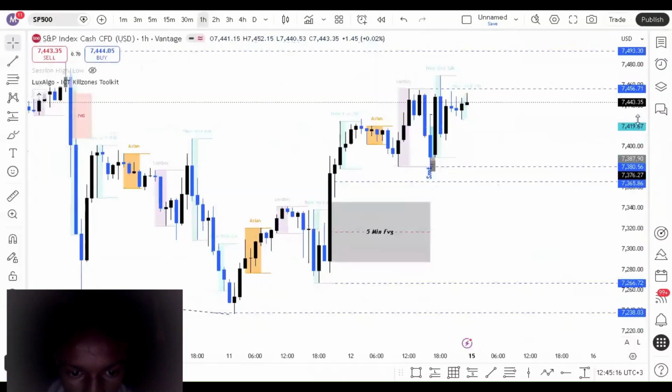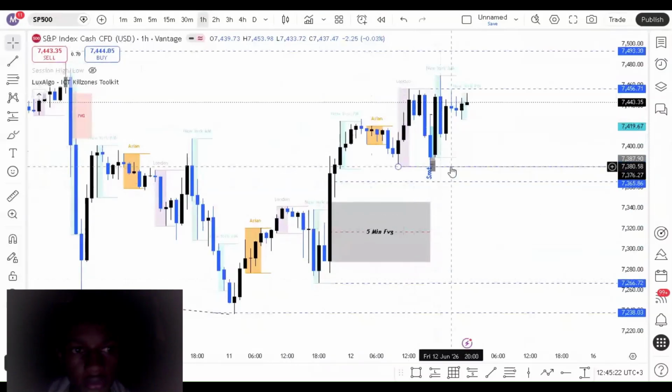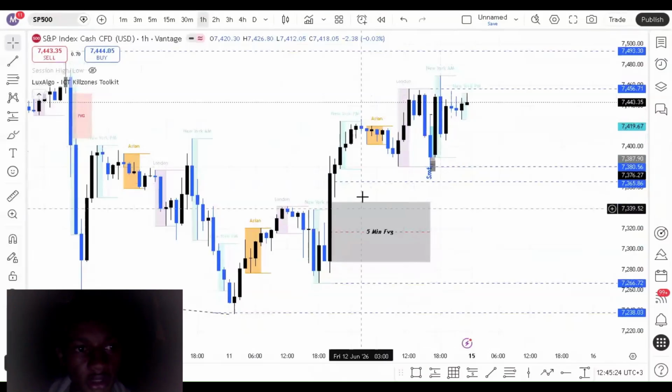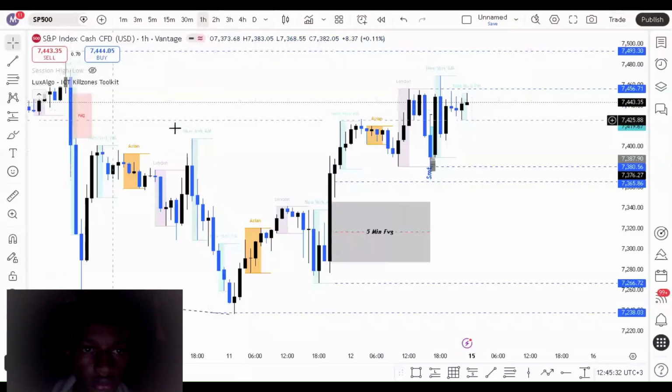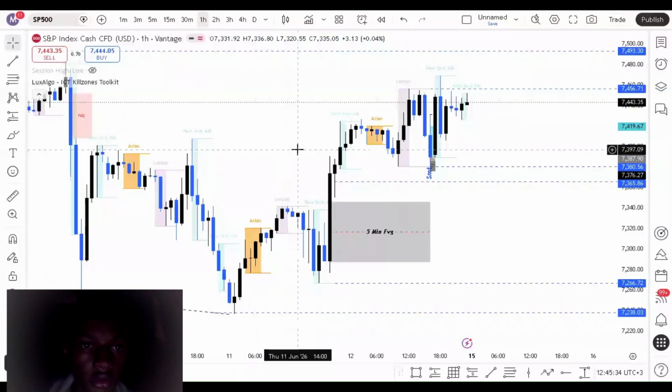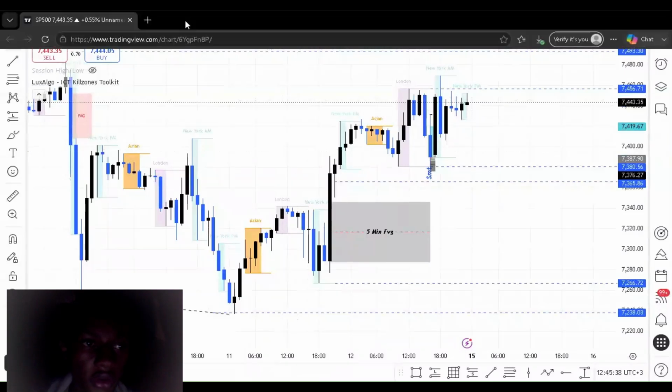Marked that out, these lows, London lows, the past New York close which was on Tuesday. Continued lowering, going lower.